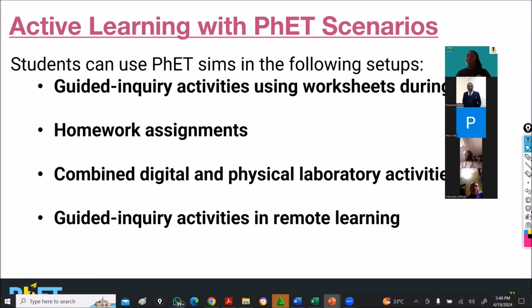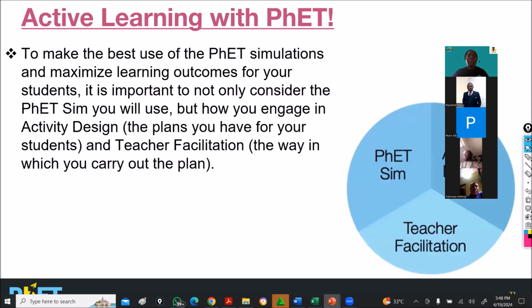Download it on your parents' phone, and you give them some questions, and they go through it, okay? You can combine digital and physical laboratory activities and guided inquiry activities in remote learning. So these are some ways that you can use PhET simulations with your students, okay?